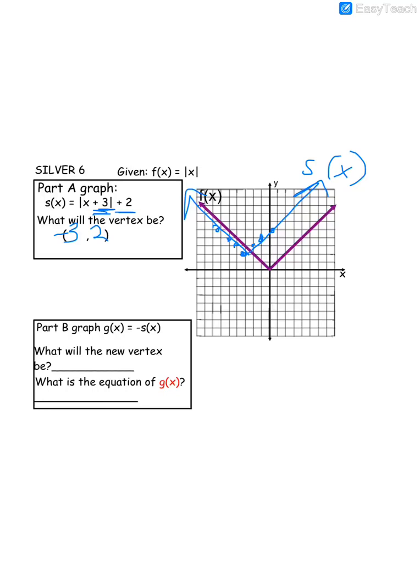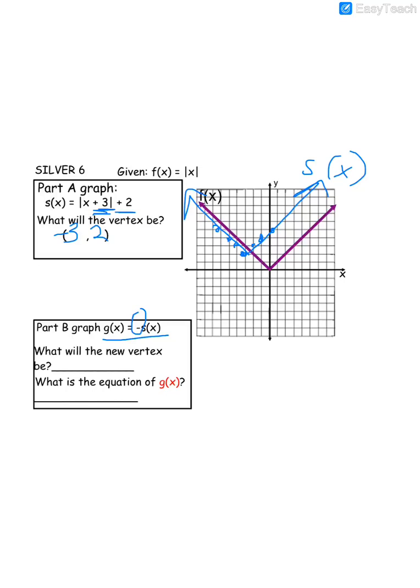Okay, part B says to graph g of x, which is equal to the opposite of s of x. So now I'm going to take s of x, and what happens with this minus sign in front here? Anybody remember? Hopefully you're all saying you're going to reflect it. So I'm going to reflect it over the x-axis.